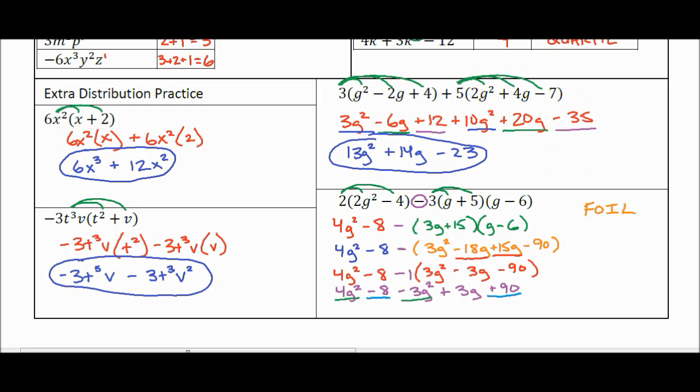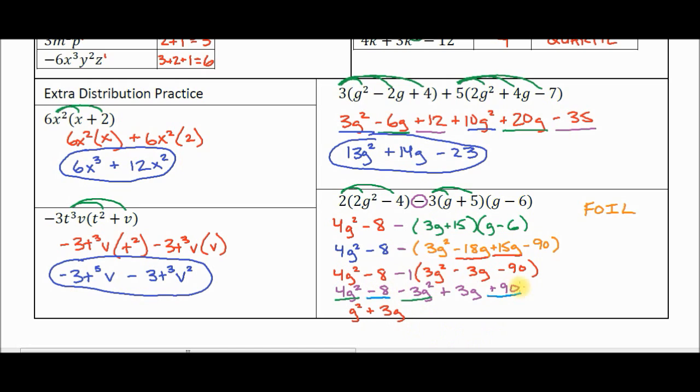Let's go ahead and do our final combining and then we'll be done. 4g squared minus 3g squared. 4 minus 3 is 1. So we just end up with 1g squared. I'm just going to write g squared. It's the same thing as 1g squared. 3g couldn't be combined with anything, and so I'll just write that as positive 3g.